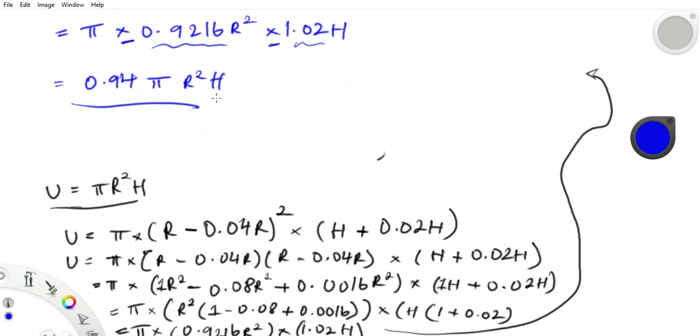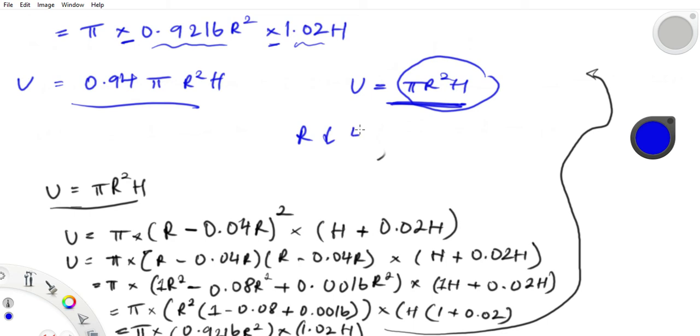So the original equation for the volume was pi r squared h, with no corrections whatsoever. When I used the corrections, the radius decreased by 4% and the height increased by 2%.